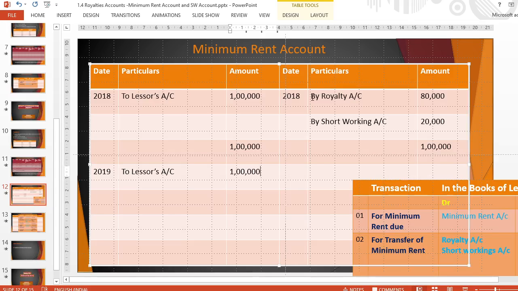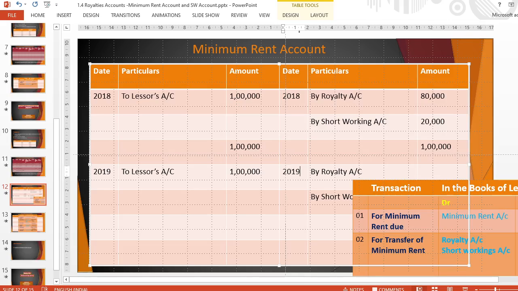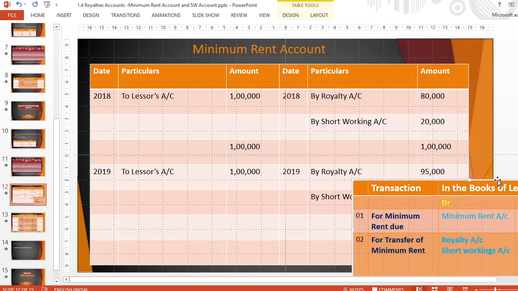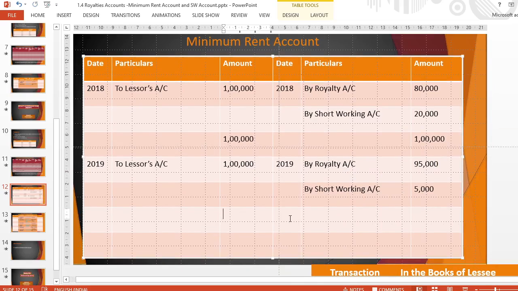And the entries by royalty account and by short workings account in the year 2019, for transfer of minimum rent: in this year royalty is 95,000 and short working is 5,000. So only two transactions in the minimum rent account. I'll close the minimum rent account, that is 1 lakh rupees.